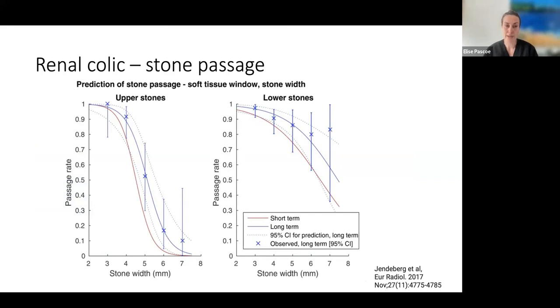We can see here, upper tract stones above 5 millimeters, there's only sort of a 20-30% chance these are really going to pass. Whereas stones that are sitting down low in the VUJ at 5 millimeters, there's really a 75-80% chance they're going to pass spontaneously at the 4-week mark. So we've got a little bit more leeway in terms of expectant management for those lower stones.